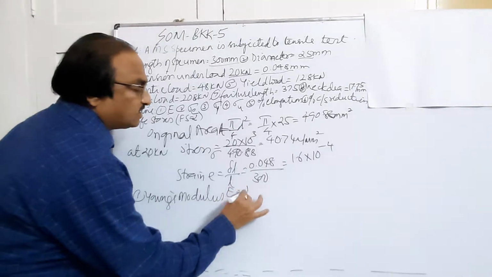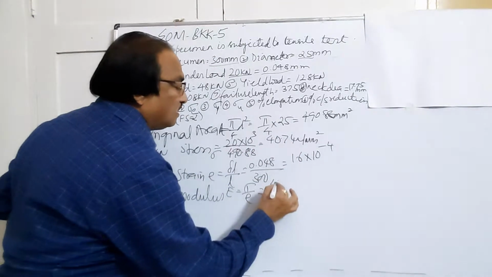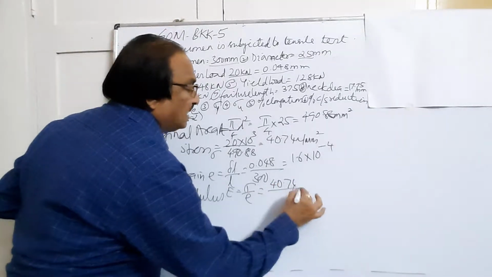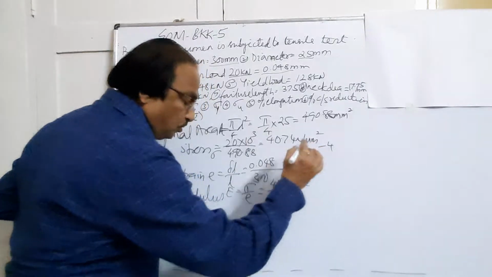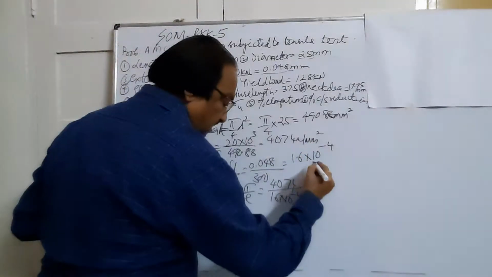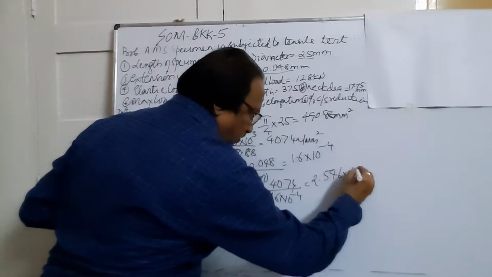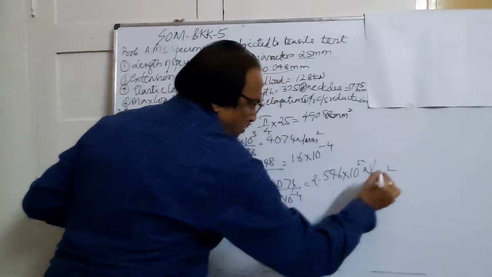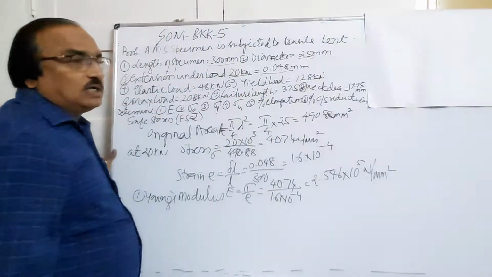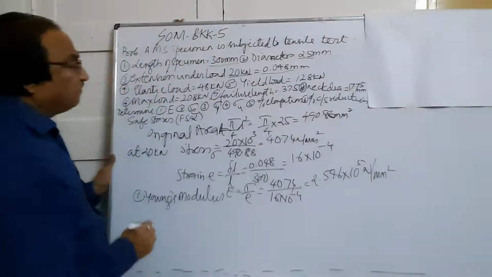E is given by stress by strain. The stress is 40.74 and the strain is 1.6 into 10 to the power of minus 4. So you get the modulus of elasticity as 2.546 into 10 to the power of 5 newton per mm square. Usually the value is about 2 into 10 to the power of 5 newton per mm square for a mild steel bar.